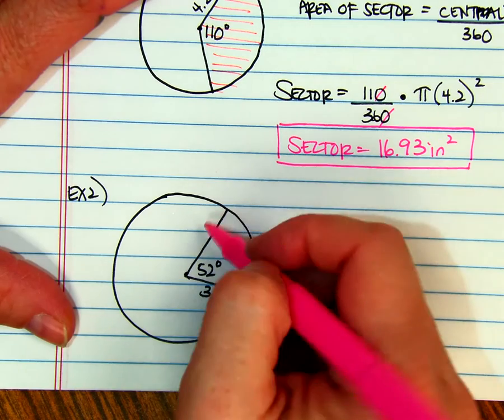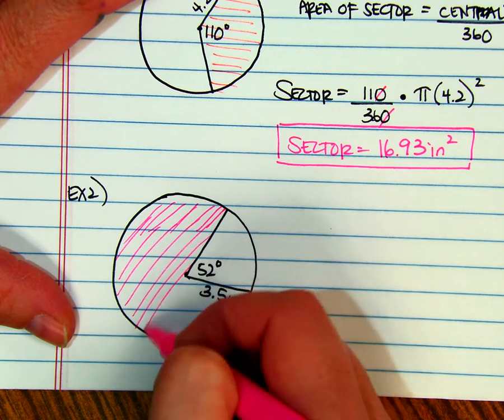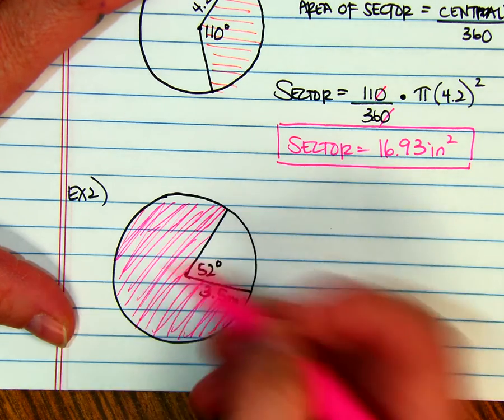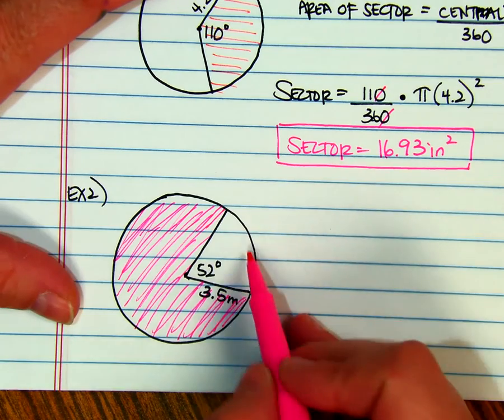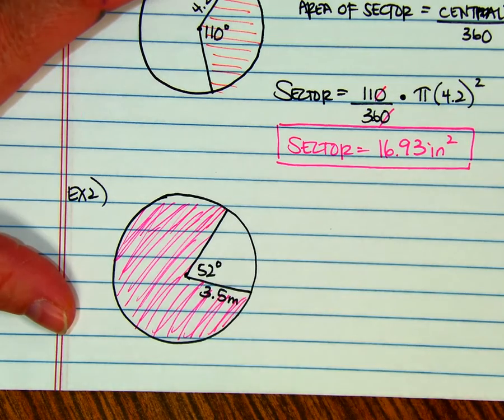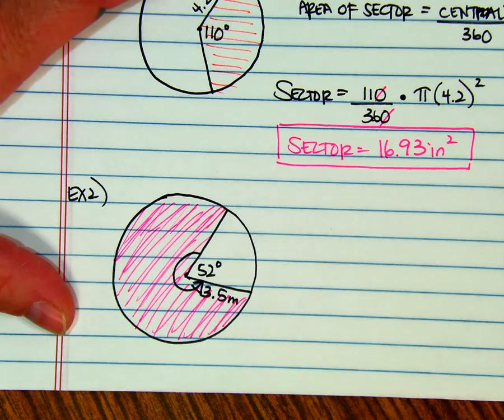But I'm looking for this area. So we can either find the area of the circle minus this piece, or I would much rather, because I want to make fewer mistakes, find this angle instead.